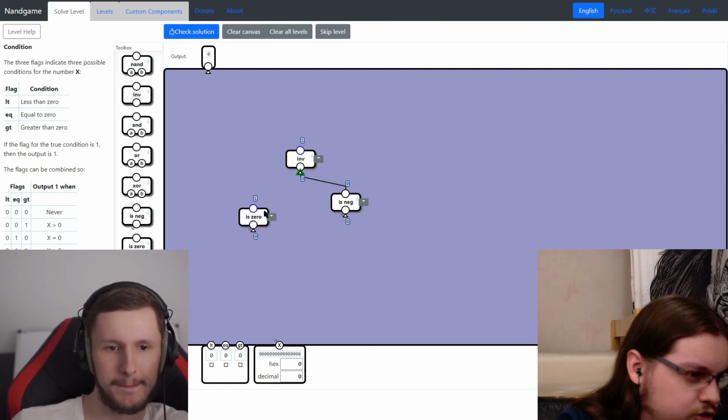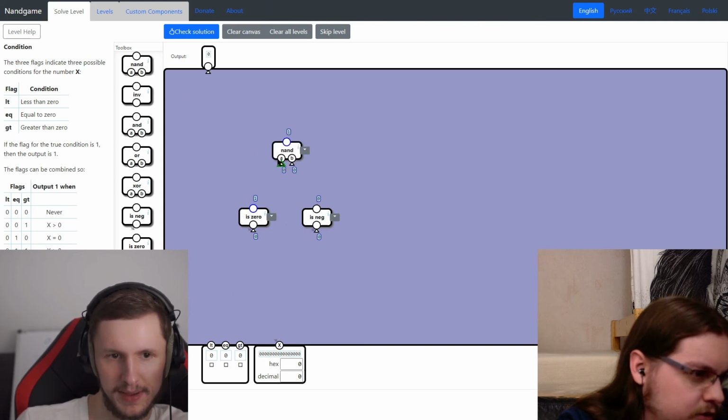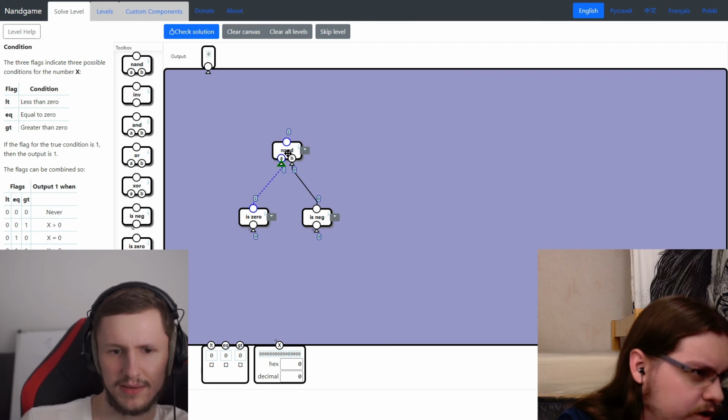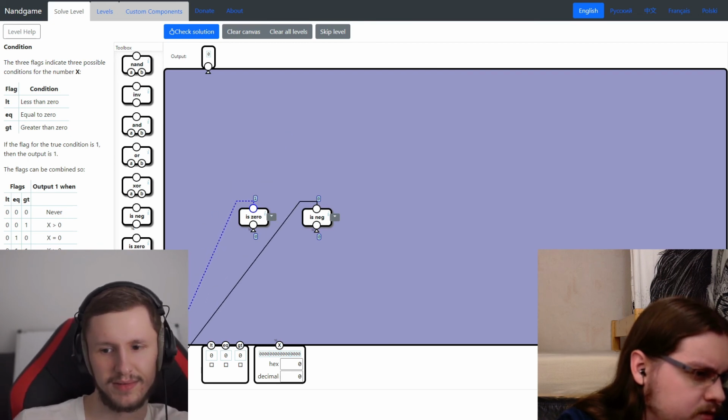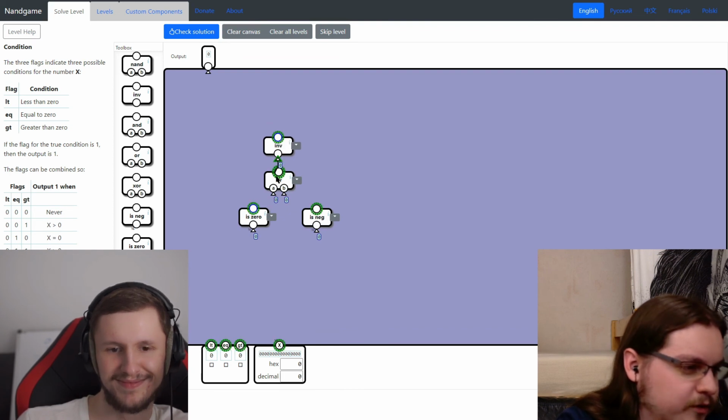So we want not 0 and not negative, right? Greater than 0 is actually NAND. Wait, no, that's not it. It's neither of those. We need a NOR. Well, we never actually built a NOR, which is kind of disappointing. Not because it would have been very difficult to build, but just because now we have to use 2 gates to make this happen.